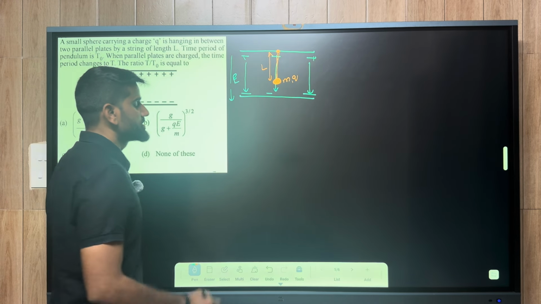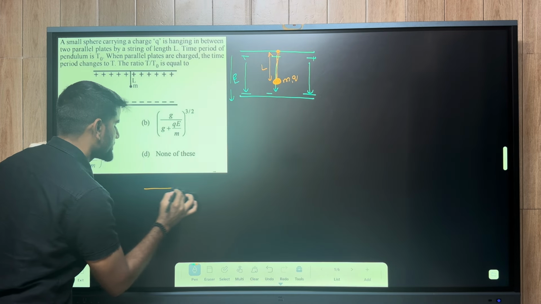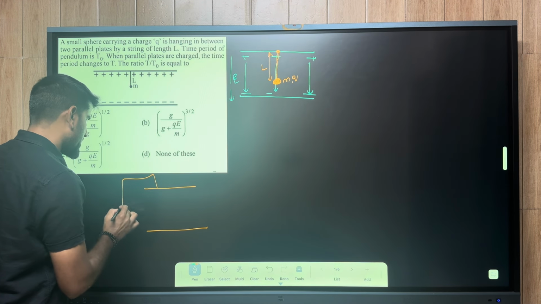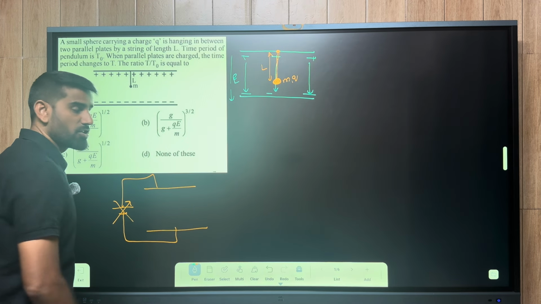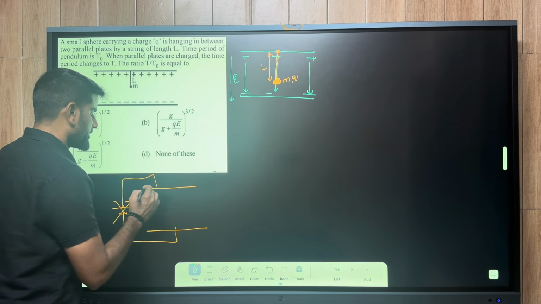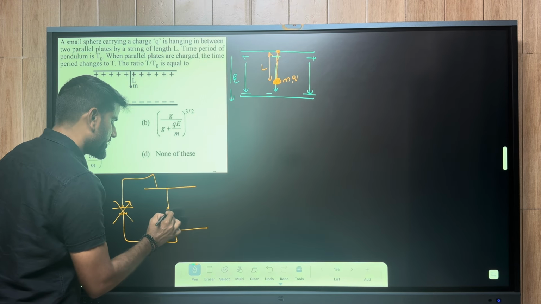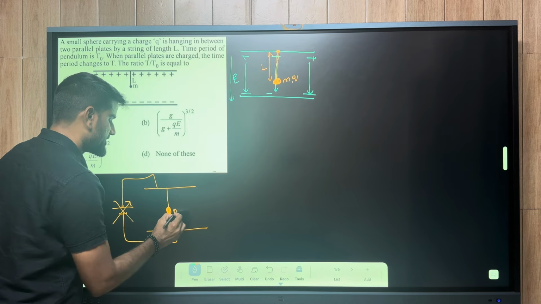At the initial stage, according to the instructions, the plates are like this, and these plates have been connected to a battery which is not started. This plate has no charge, and this plate has no charge. A string is hanged from the upper plate, and the mass is m.